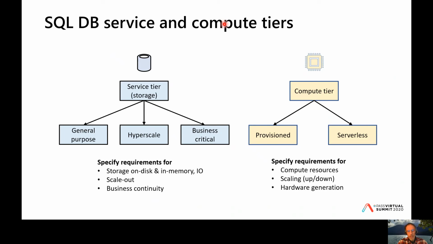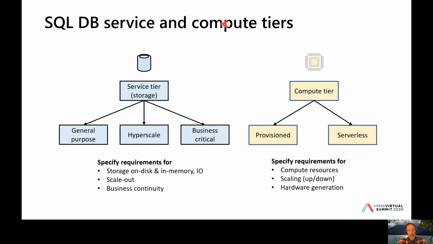The general purpose service tier provides a single compute instance with remotely located data relative to where the compute for the database is actually running.